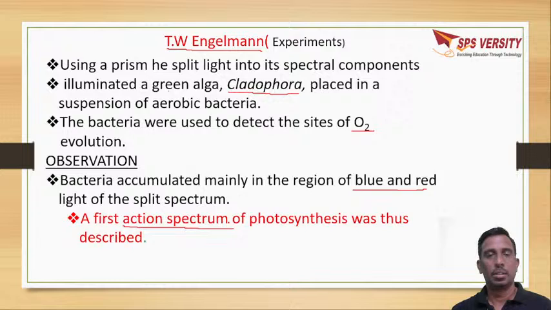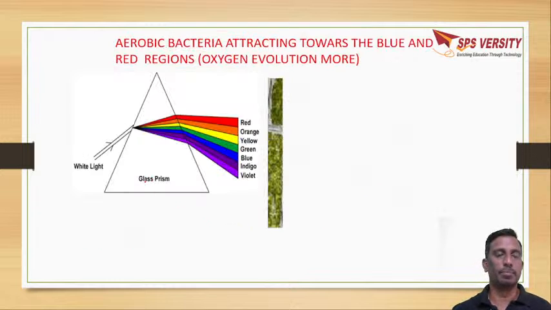So here you can see this is a prism. When white light is passed through this prism, it will split into the visible range of light, that is VIBGYOR. You can see here most of the aerobic bacteria are towards the blue and red regions, which indicates that oxygen is evolving more.